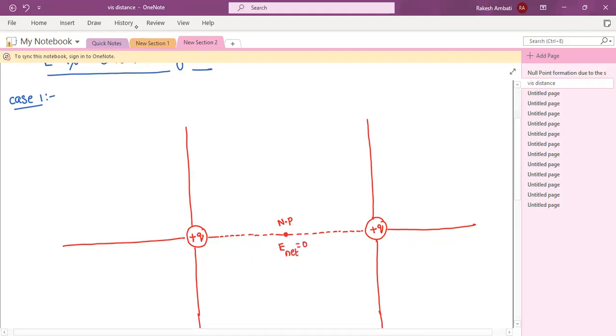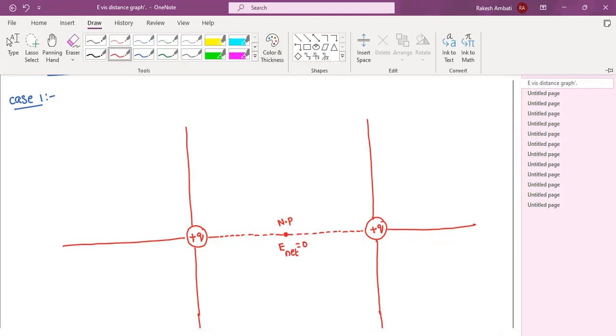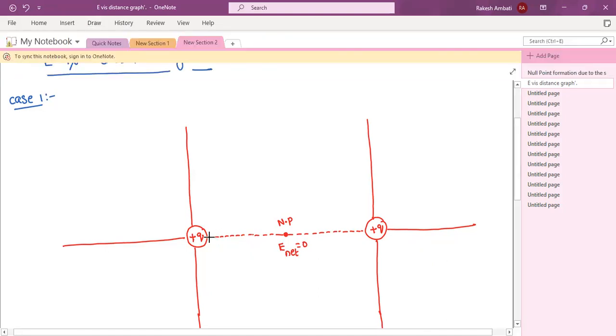Then, as I told you in the previous video, in the case of a positive charge, what is the direction of the electric field? It is away from the positive charge.